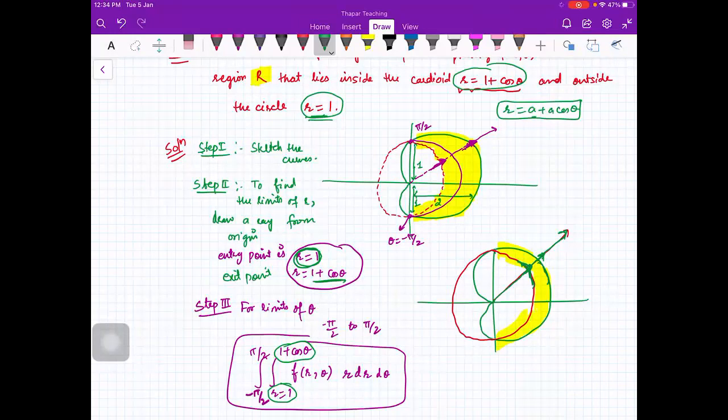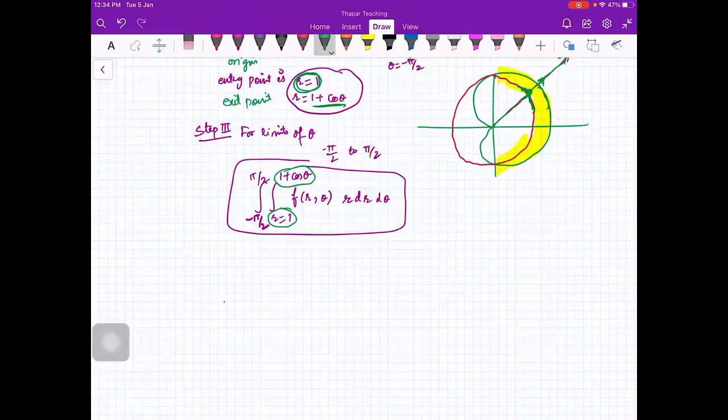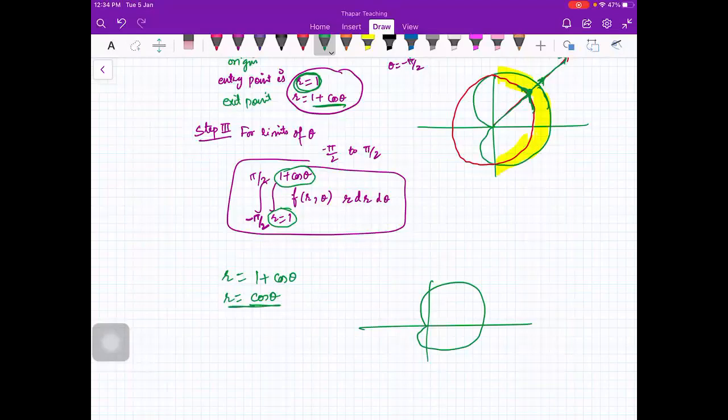Yeah, suppose your circle is r is equal to cos theta, and you have this cardioid 1 plus cos theta. So this cardioid is here. Now what will this circle r is equal to cos theta be? Can you tell me how you will plot it? I told you yesterday, this is a circle whose radius is half.